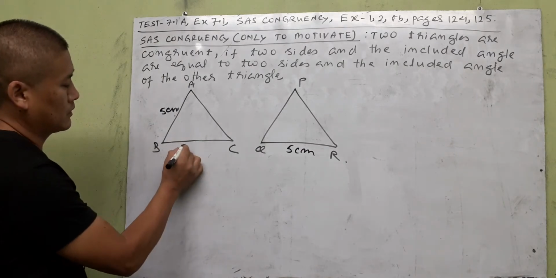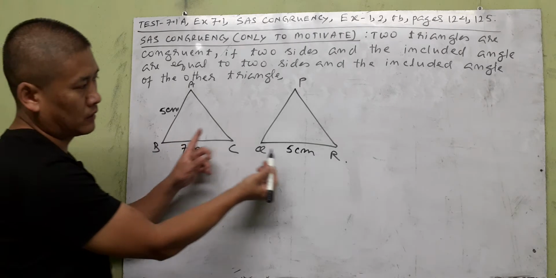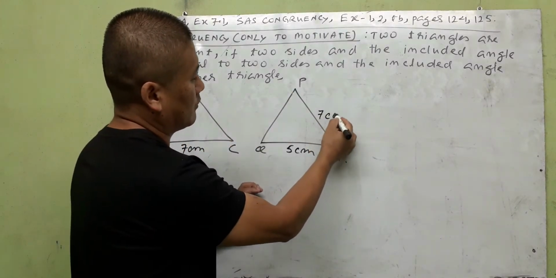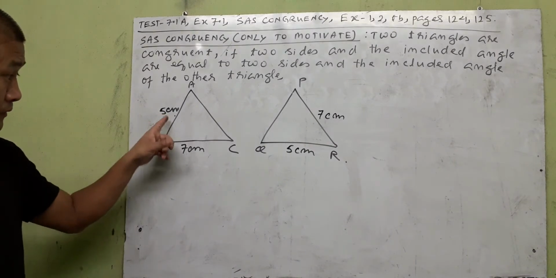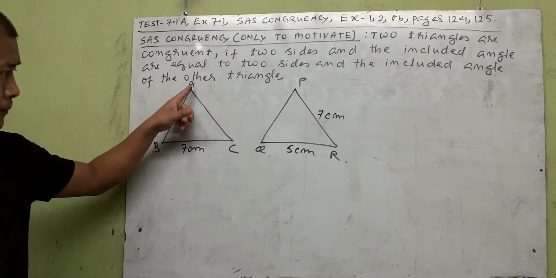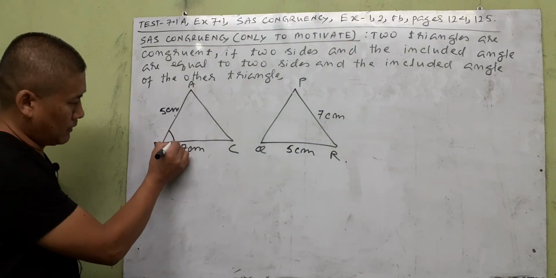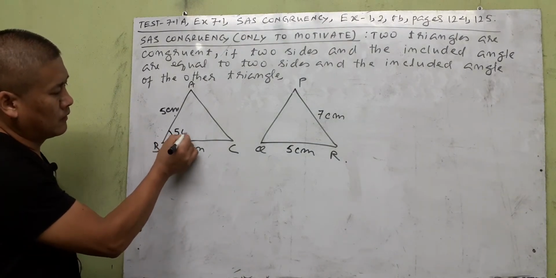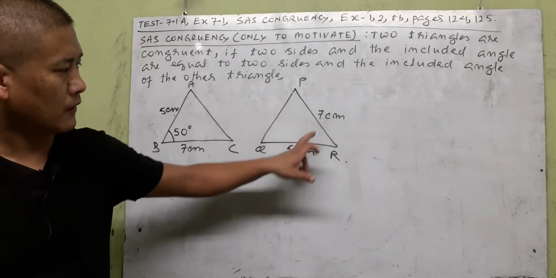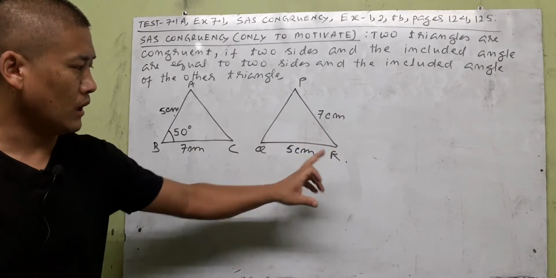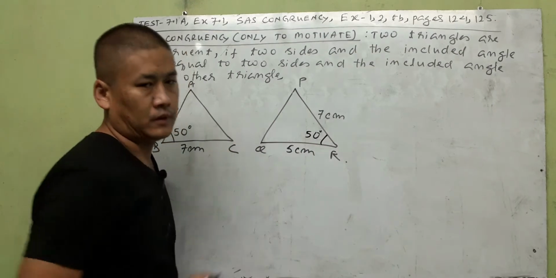Let us say BC is 7 centimeter when you measure the length, and this one is also 7, PR. Now what are the angles between these two, 5 and 7 centimeter, meaning the sides AB and BC? Let us say this is 50 degree. Now what are the angles between these two sides, 5 and 7 centimeter length, PR and QR? So this is also equal, let us say 50 degree.